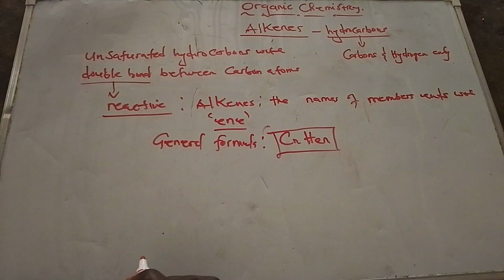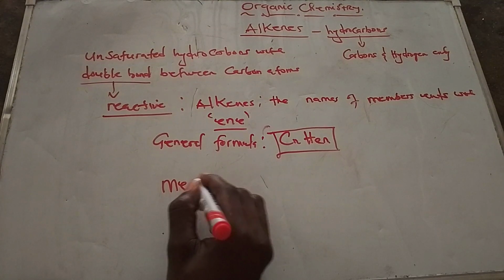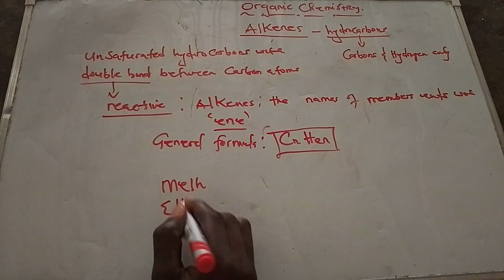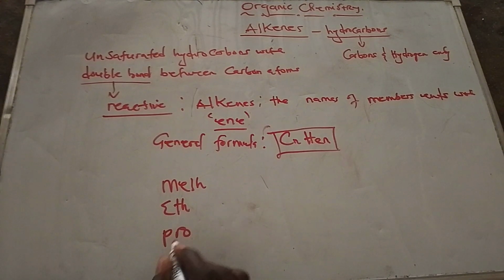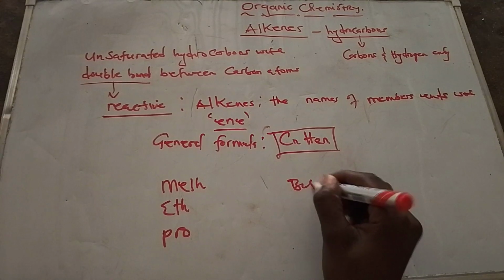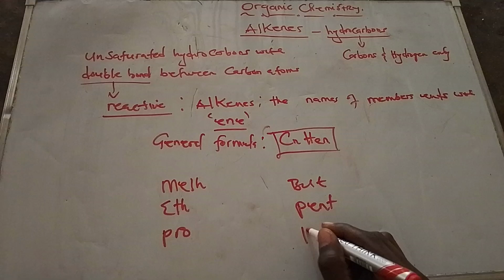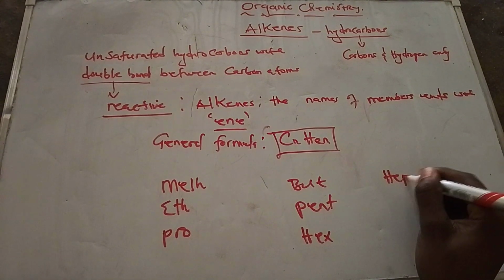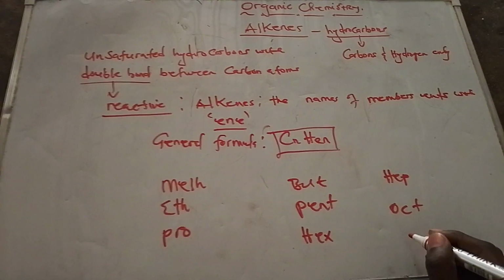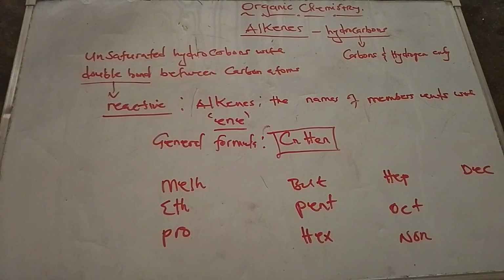Now remember in the previous video, in the introduction of chemistry, we said they have the prefixes meth, eth, prop, but, pent, hex, hept, oct, non, and dec.